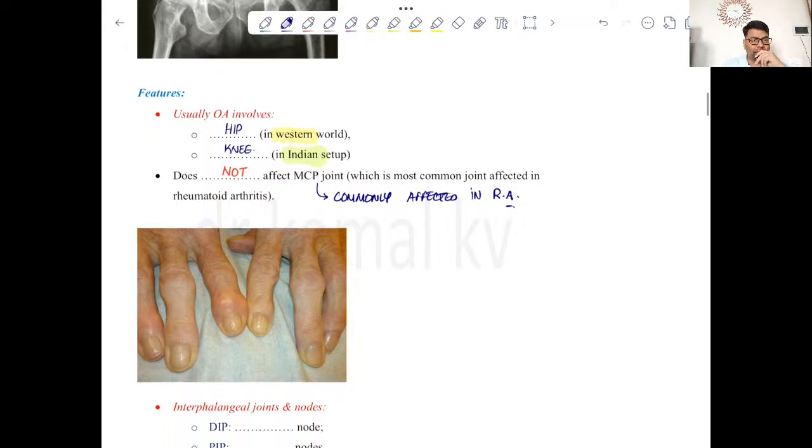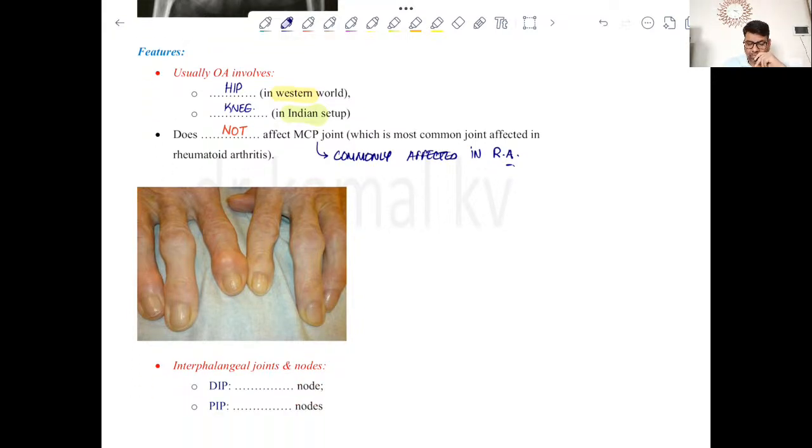So this is again one very differentiating point between the two entities. MCP joint affection suggests rheumatoid arthritis. If the MCP joint is not affected, you can say it is more in favor of osteoarthritis.